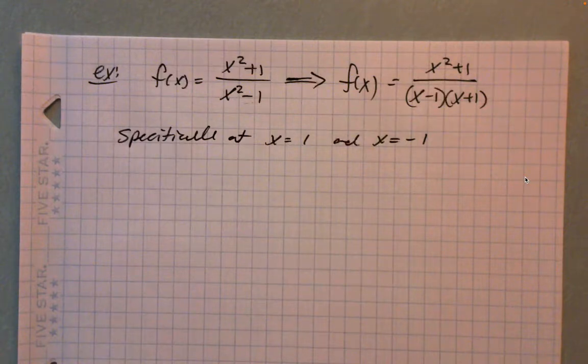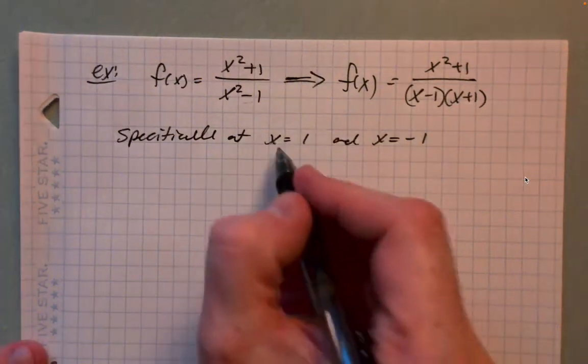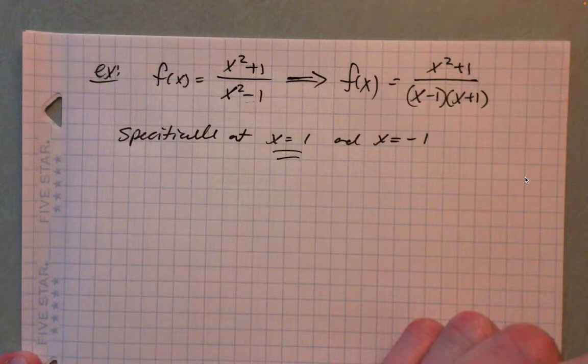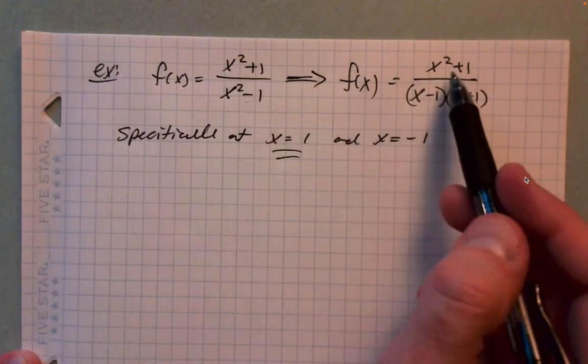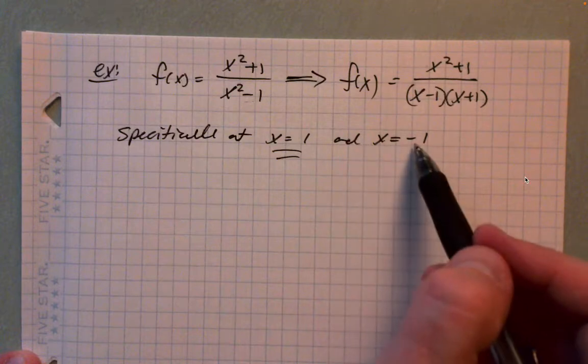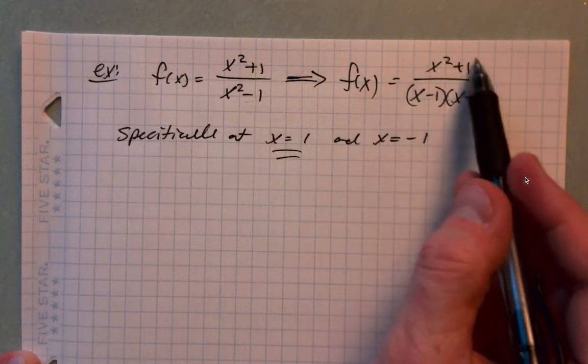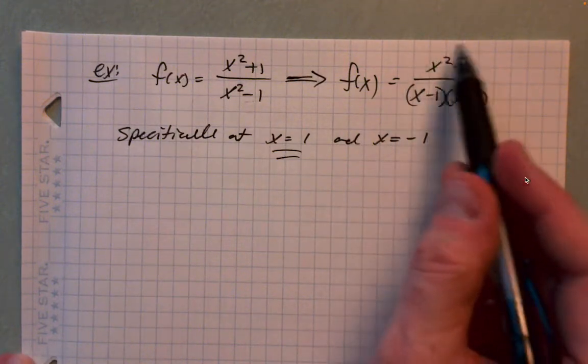Now, what happens to the numerator at these values? Well, in both cases, we're fine. If you plug in 1, you square 1, you get 1. 1 plus 1 is 2. The numerator is 2 when x equals 1. And if we plug in -1 for x into this numerator, we again see it's also 2 there.